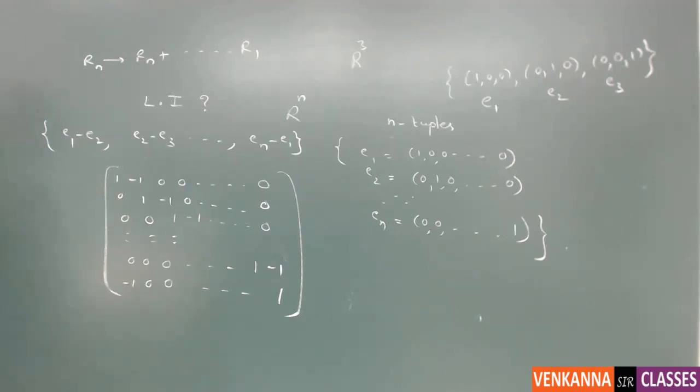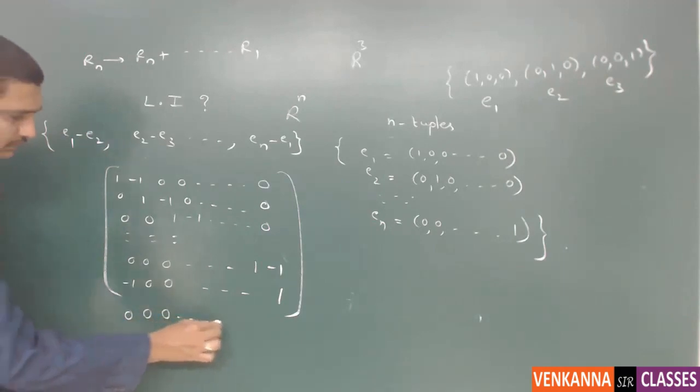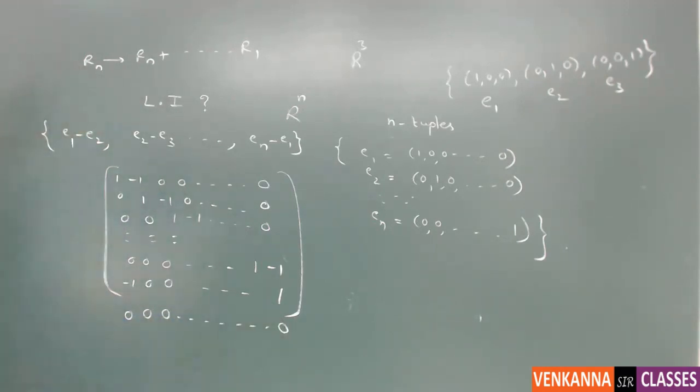Now what happens, the last row becomes completely 0. So will you accept? Hence the determinant is equal to 0. Therefore, this set of vectors is linearly dependent. So that was the solution for the problem.